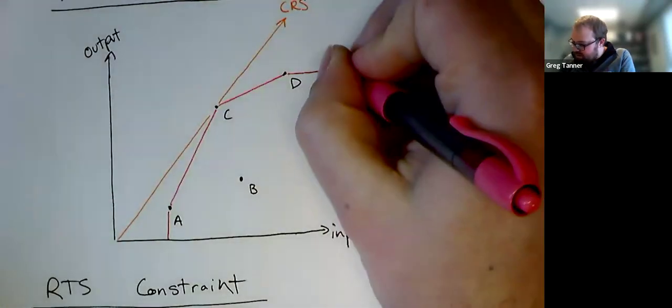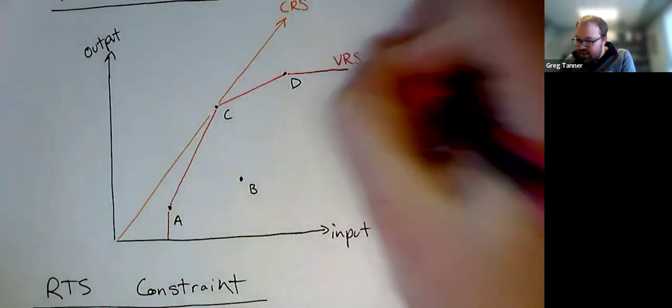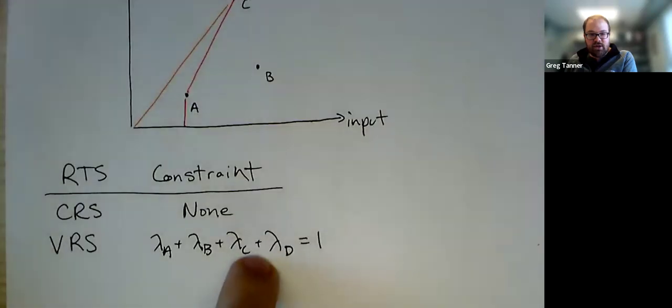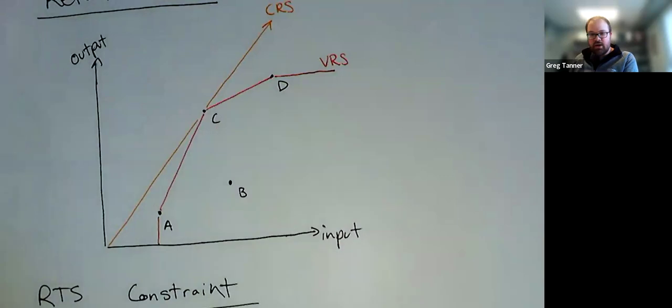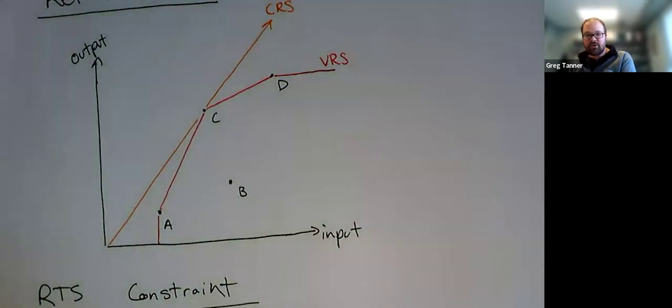And so these lines are what we call variable return to scale. If we enforce this constraint on the lambdas, this is our efficiency frontier for variable returns to scale.